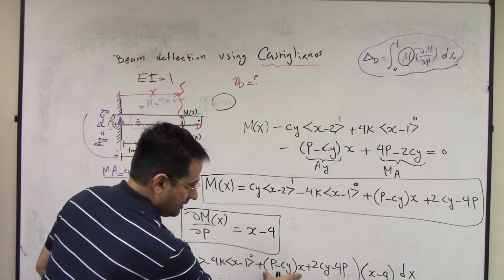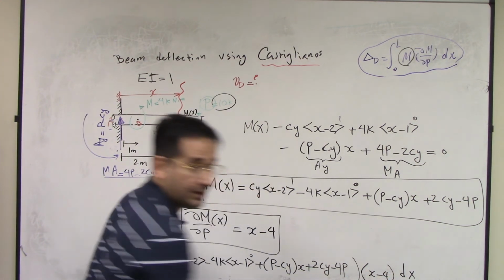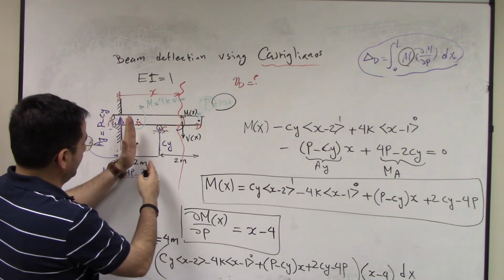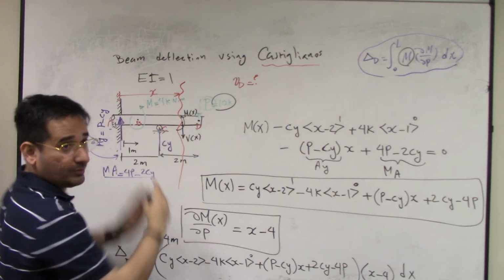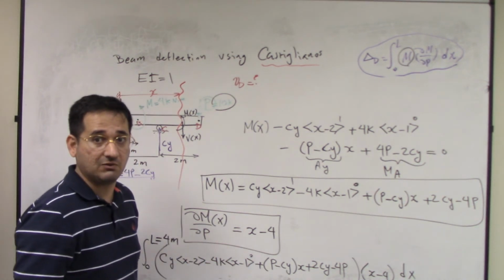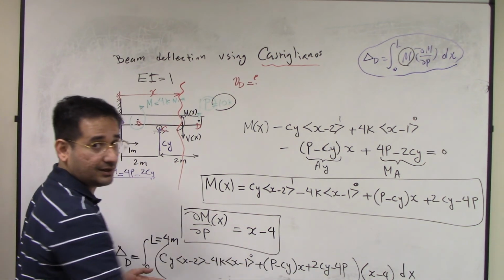This term is there, this term is there, this term is there. So it's going to be this term times (x minus 4), plus the integral from 1 to 2. You basically go interval by interval because this function is very complicated. It's a piecewise continuous function. You can't just think of it like a line and take an integral.